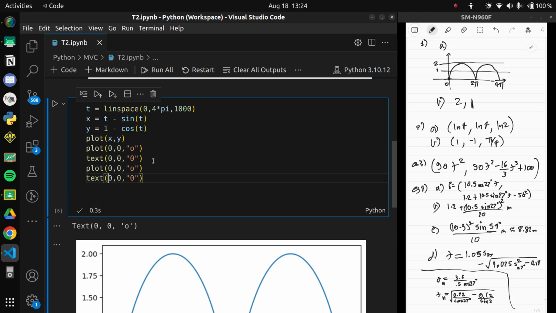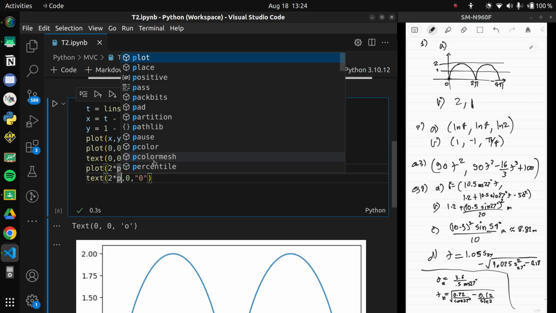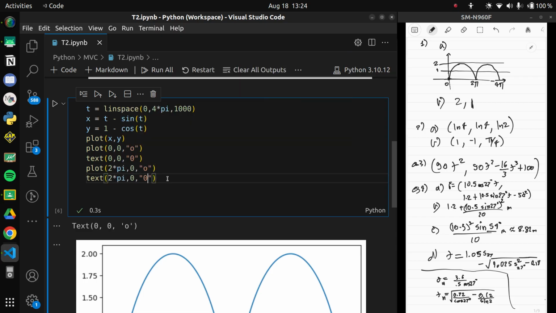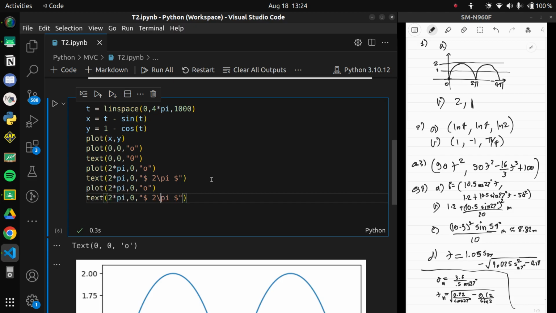Then 2 times pi. Sure. This will be like that. It's just 2 pi. I'm going to put some nice LaTeX stuff. Cool. And then now it will be 4 pi. Let's run that.